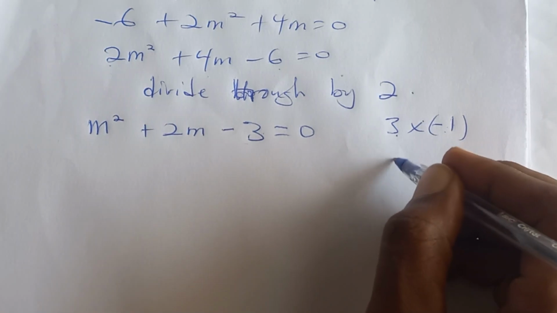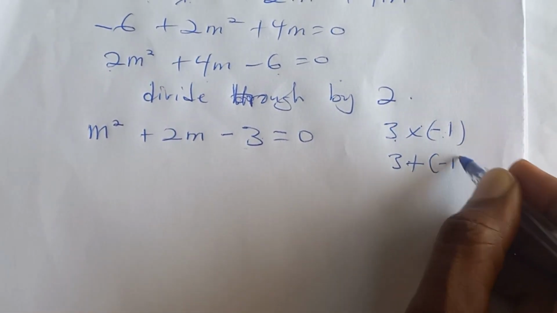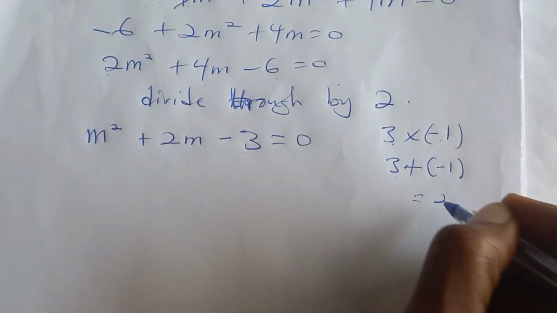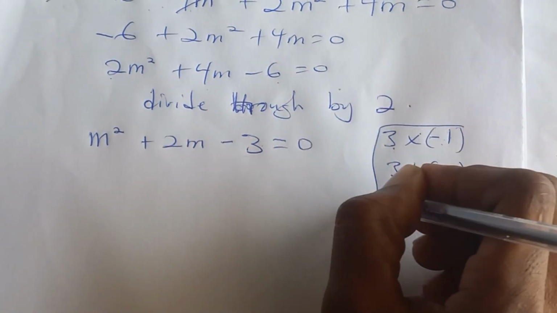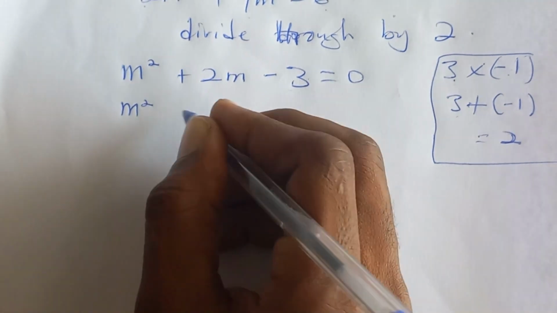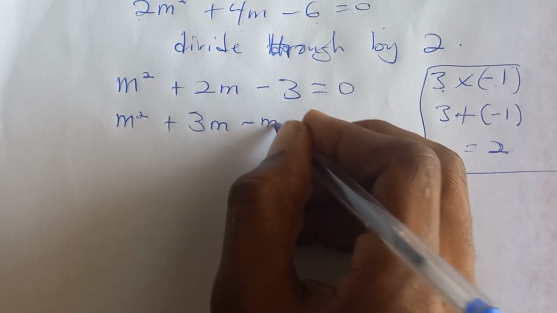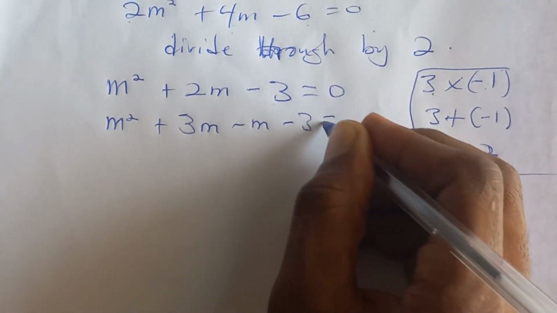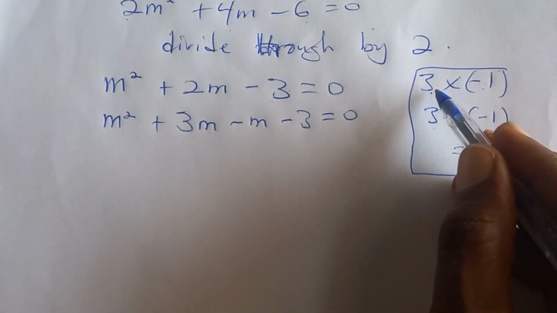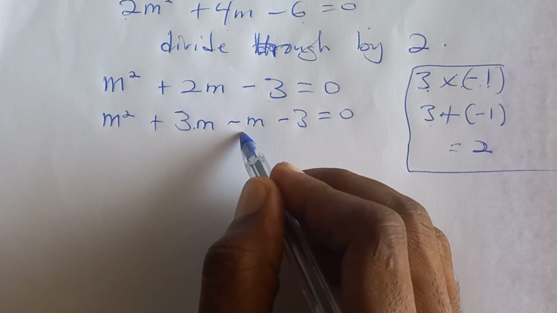But 3 plus negative 1, we are getting 2. So it means that this one works for us. So it becomes m squared plus 3m minus m minus 3 is equal to 0. So you see, this is the 3, this is the negative 1, which is m.